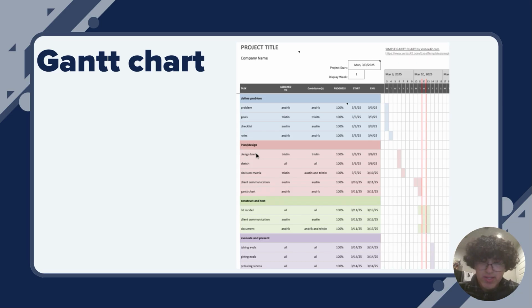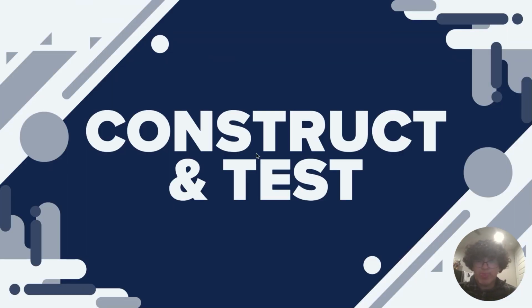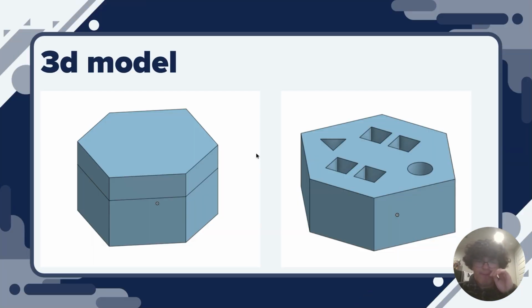And in construct and test, we had 3D modeling, client communication, documenting. In evaluate and present, we have taking evals, giving evals, and producing a video. As you can see, documenting with not only the client but in our slideshows was the most important thing for us.